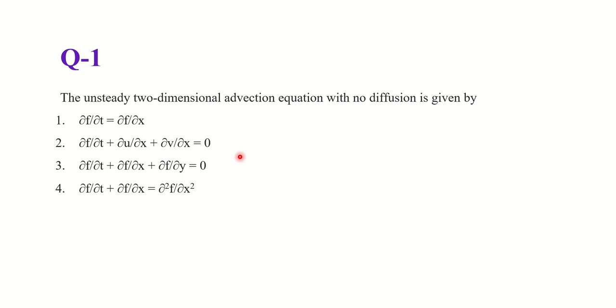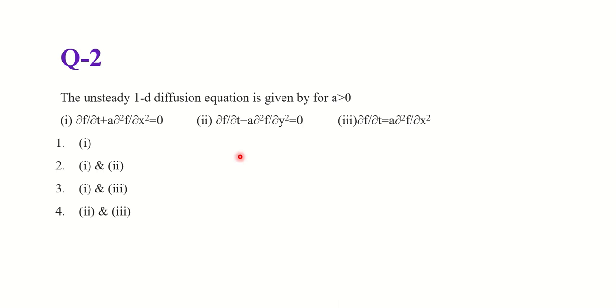The next one is a problem similar to this one. So I want you people to solve this before coming to the solution part. So the question is, unsteady one-dimensional diffusion equation for a greater than 0 is given by which of the following. The first equation is dou f by dou t plus a into dou square f by dou x square.